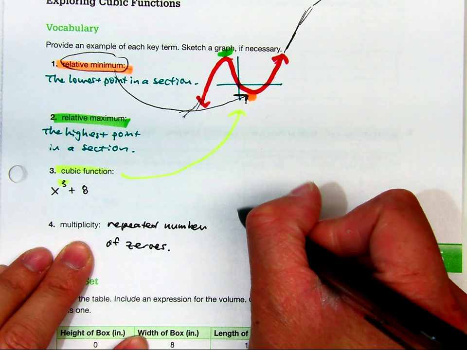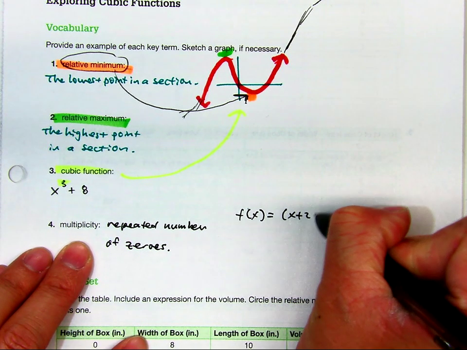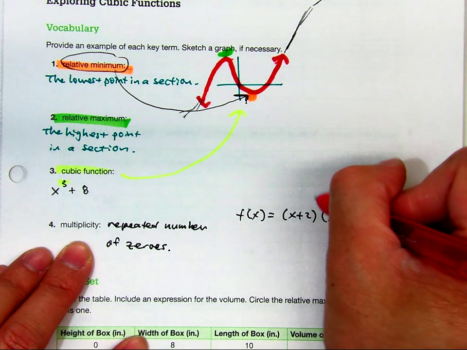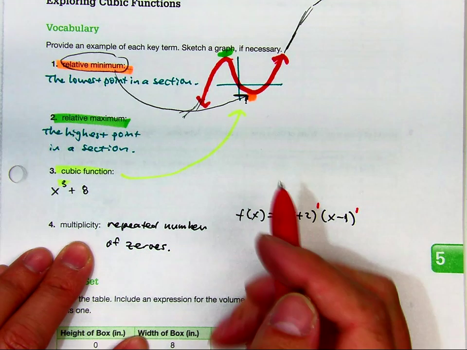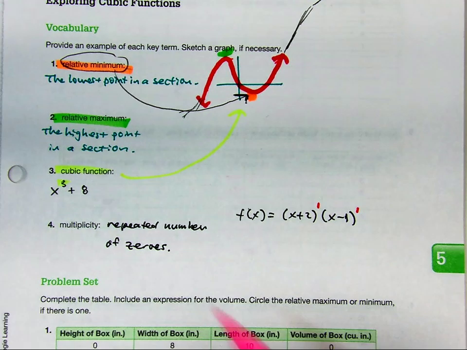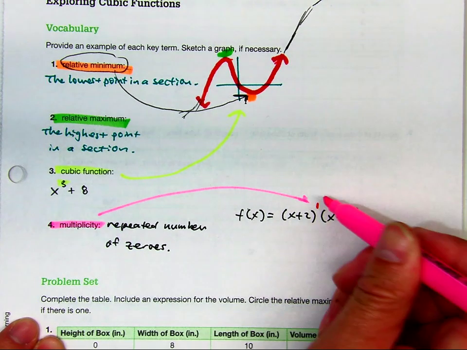For example, if a function says f of x equals x plus 2, x minus 1, these have a power of 1. So in some ways, your multiplicity in some ways is this number.